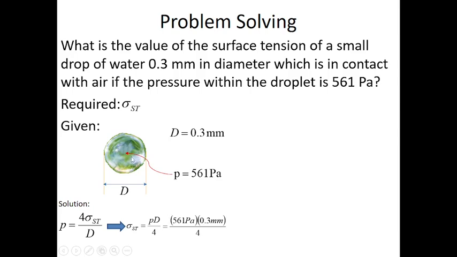The diameter of the droplet is 0.3 millimeter. We divide it by 4. And take note of the conversion, for every Pascal, that is 1 Newton per square meter. So this will be eliminated, right?